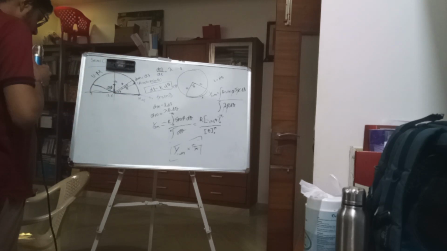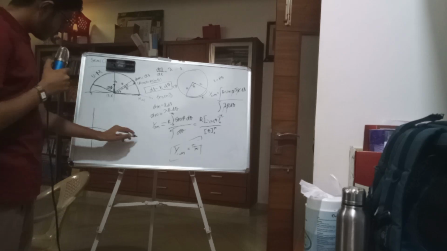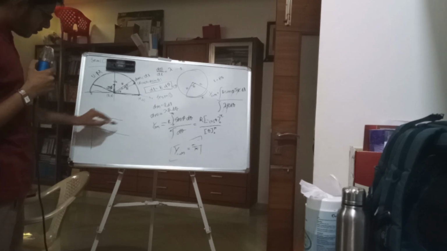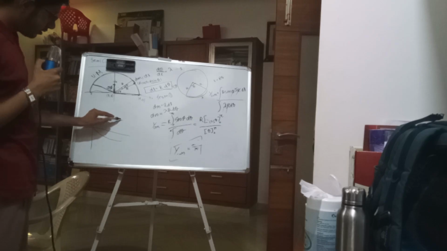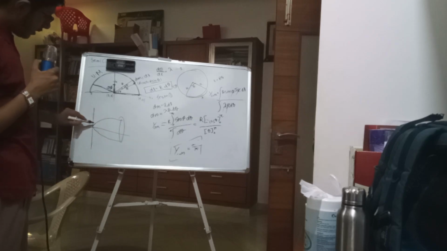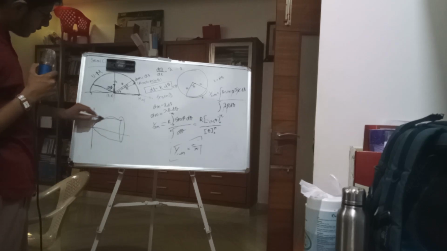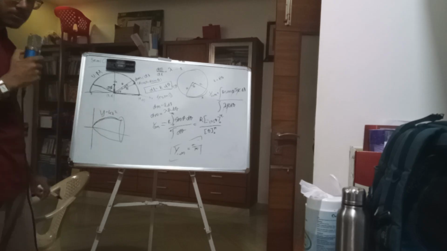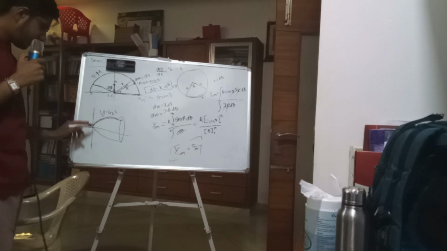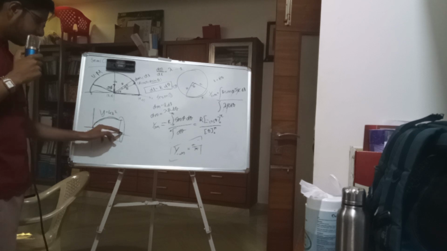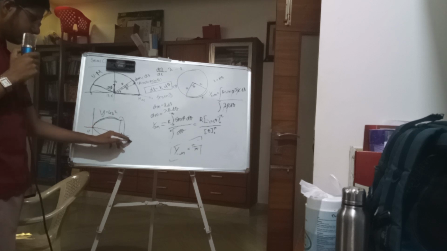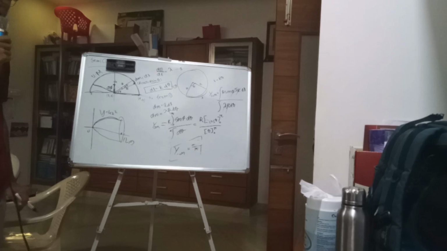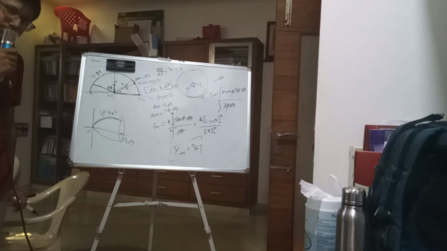There was one question that came in our examination. Suppose there is one solid like this, and the curve of this solid, they have given the equation y is equal to 4x square. This is 0, and this is L comma 0. Now tell me how you will find the center of mass.